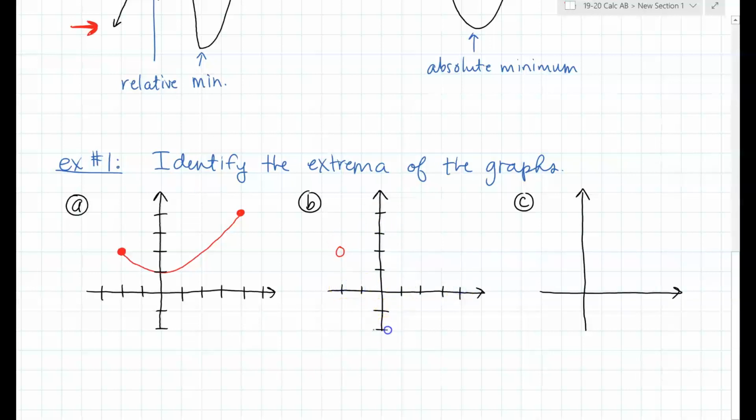So we're just going to put these things right here just so we can see them. So (4, 4), that'll be open there. And the last one, let me make my marks here. And as you guys are drawing it, if you want to identify the relative maxes and mins, that's up to you.